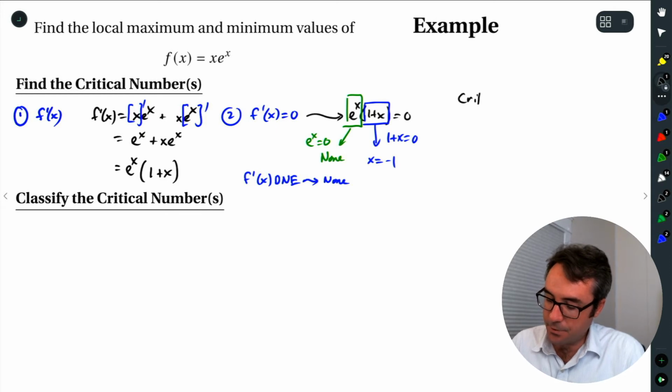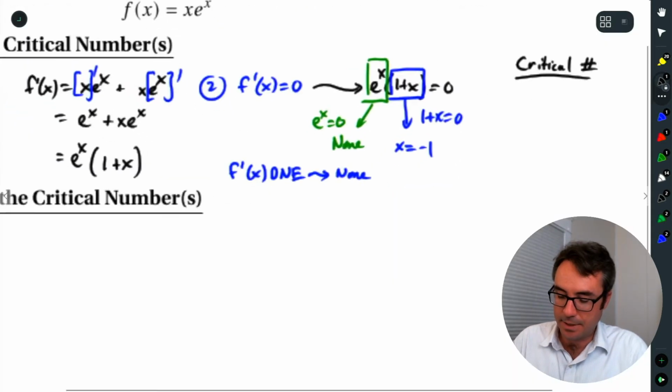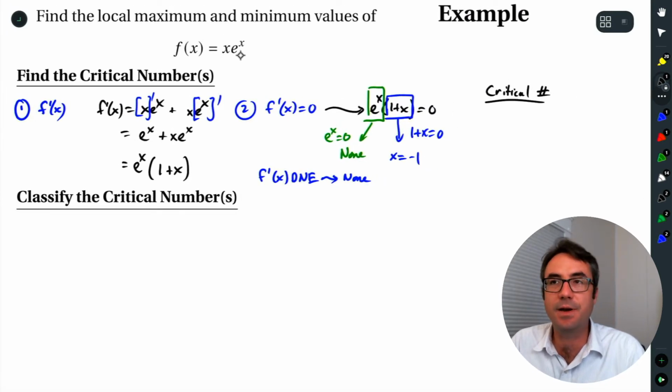So then we just go through and double check. Is this actually in the domain of our function? And it is. I can plug negative 1 into this. I can plug in negative 1 into the x term, perfectly fine. And then e to the negative 1, also fine. So negative 1 makes sense in here.